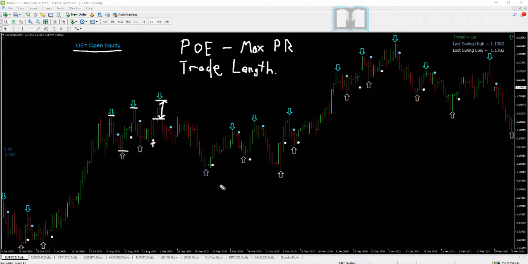So wherever your entry is on your profile, if you're taking it early and you're looking for, say, a primary move, so there's a primary there, if you were to enter on the low of this seller bar there, then from there to the maximum point reached, where the swing arrow forms, would be your open equity there. Once we've got that, we can move along and measure the next one from there to there, wherever the entry for your trade would be.